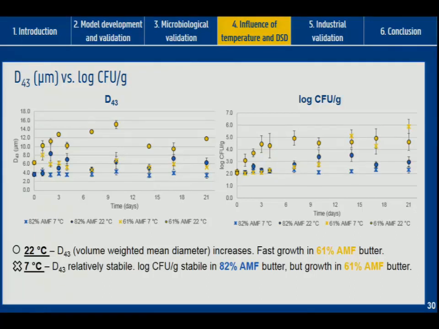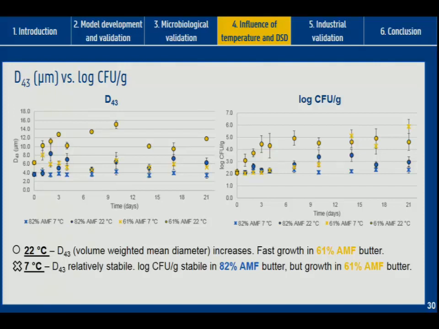The points with the circle are points at 22 degrees, and the points with the cross are at 7 degrees. Also, blue is 82% or full fat butter, and 61% is 3/4 fat butter.